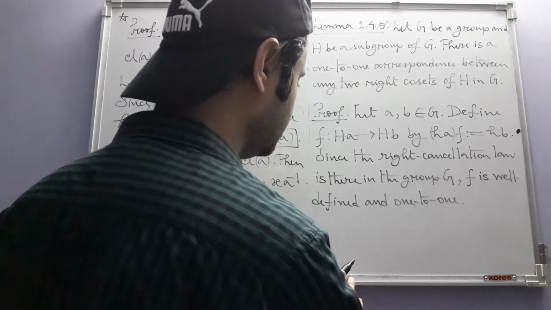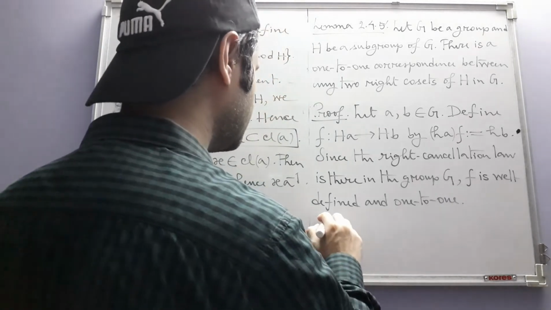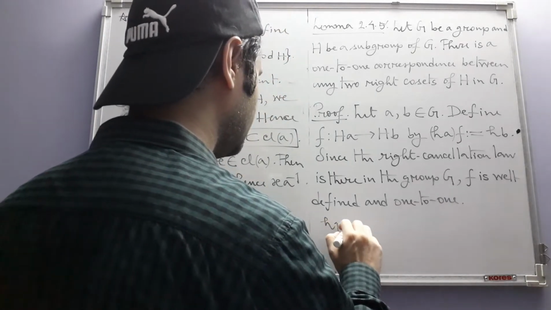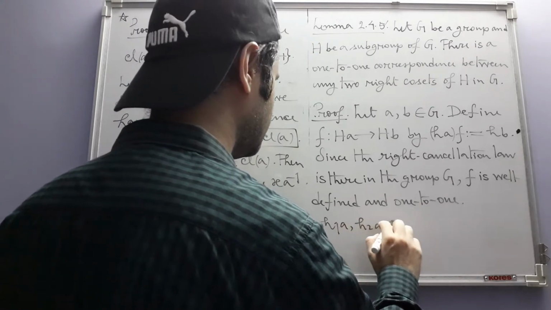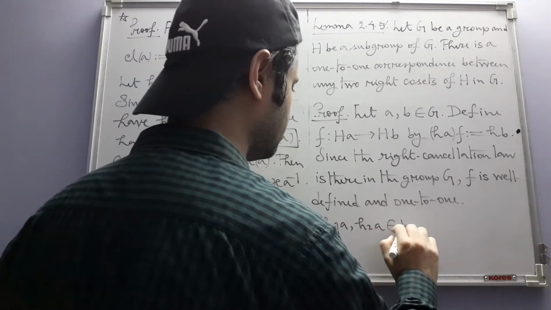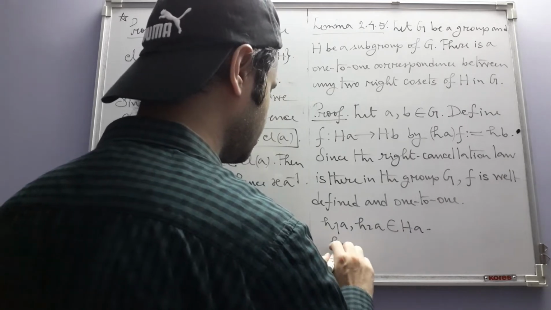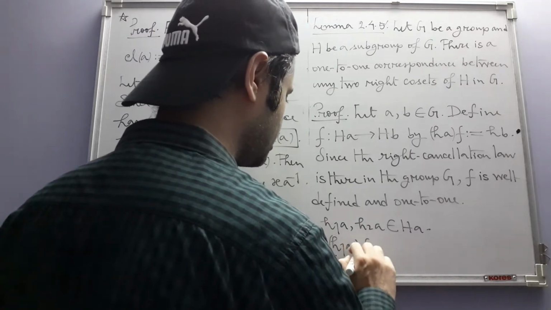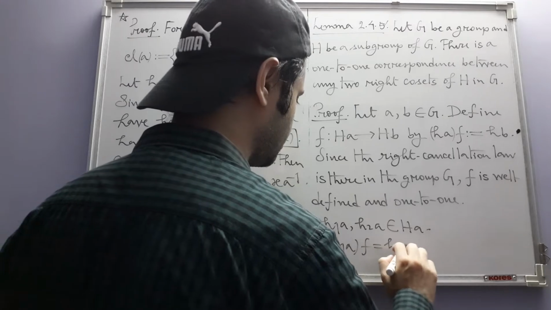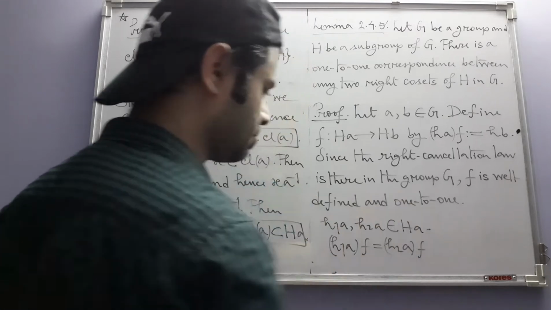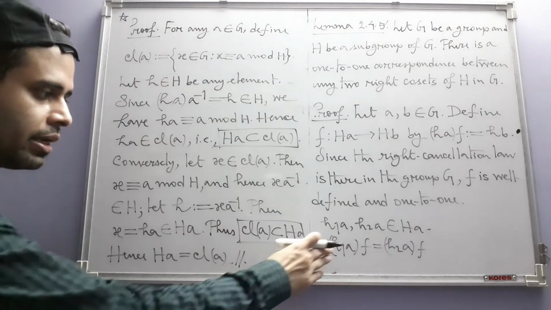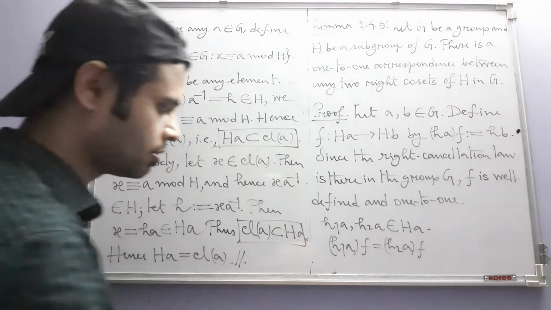To see that, you take any two elements, say H1A and H2A in the domain, and you assume that their F images are equal. You have to prove that the inputs themselves are equal.